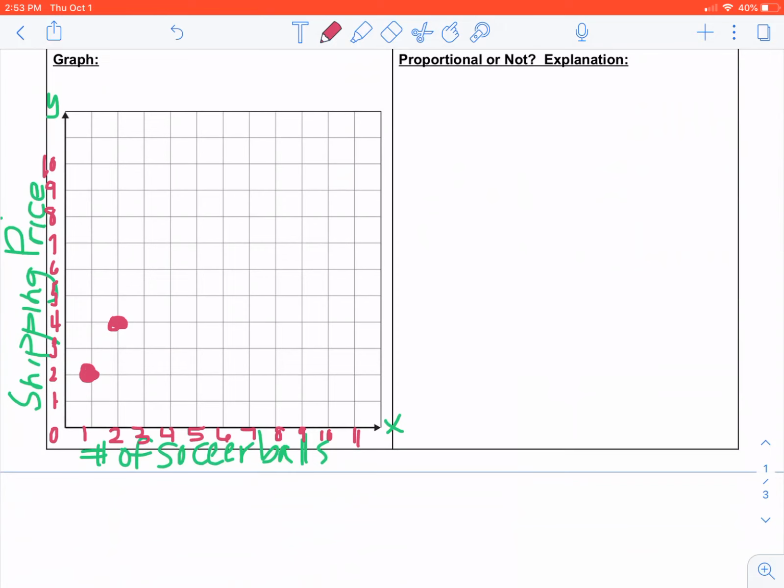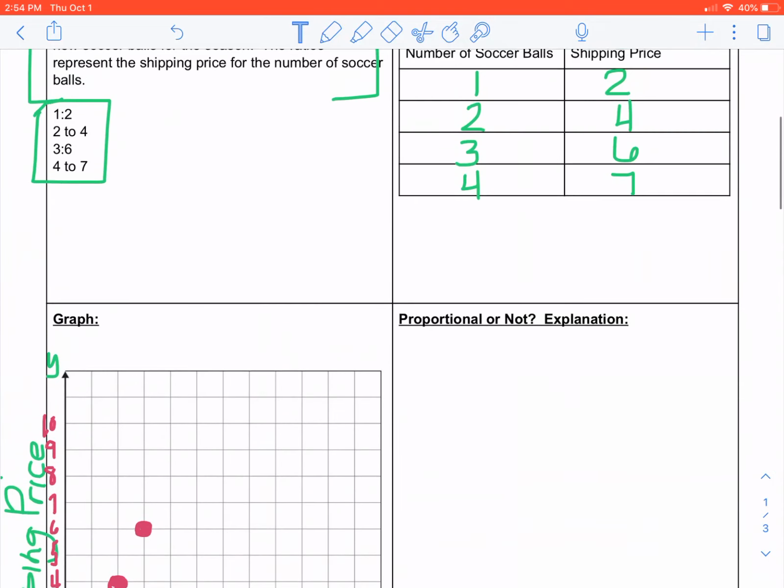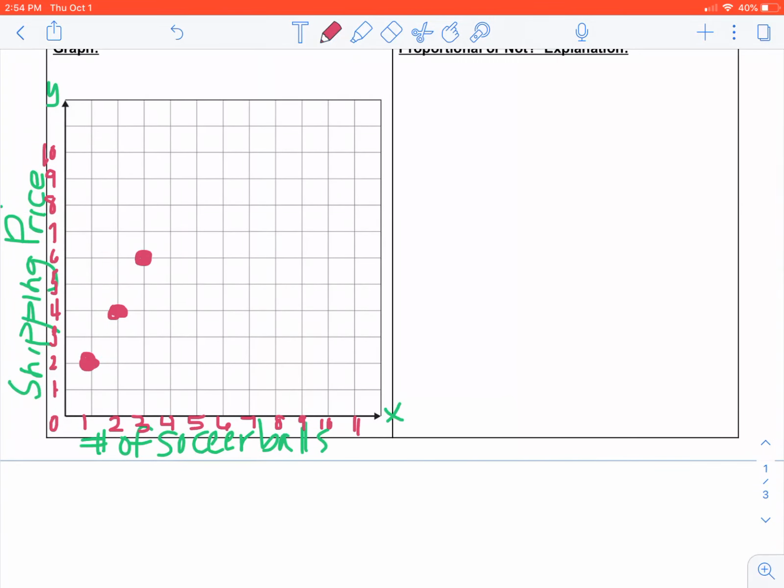So walk to the 3, up to the 6. And the last one is 4, 7. So walk to the 4, up to the 7. Now I'm going to draw my line. This is actually not a straight line. It goes straight up to this point, but then it kind of curves out. Okay, so that's my line.